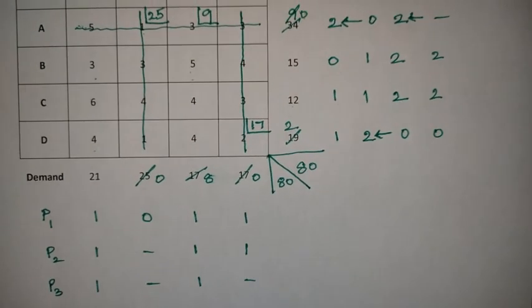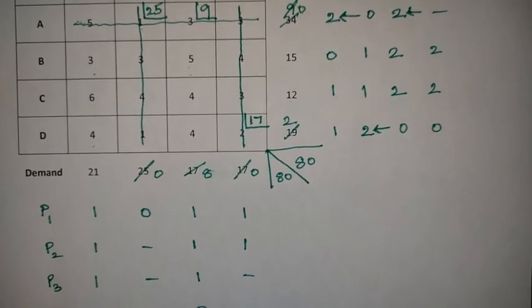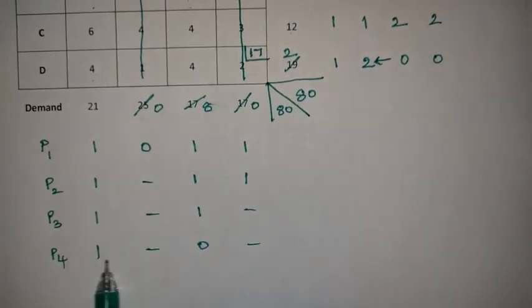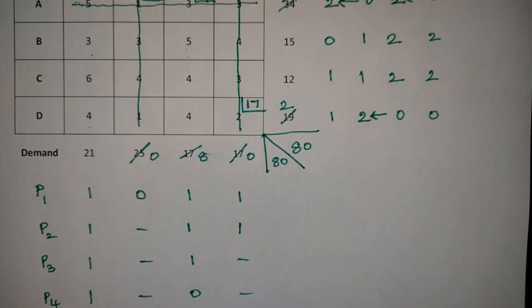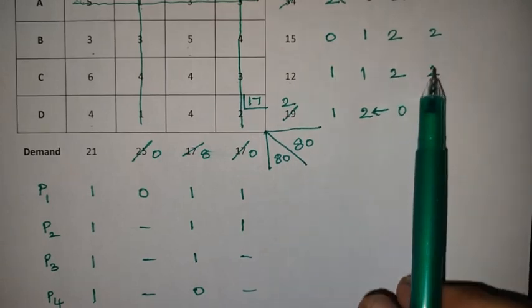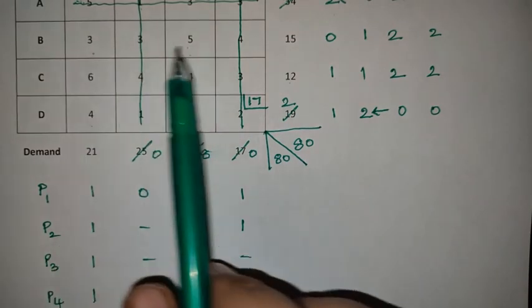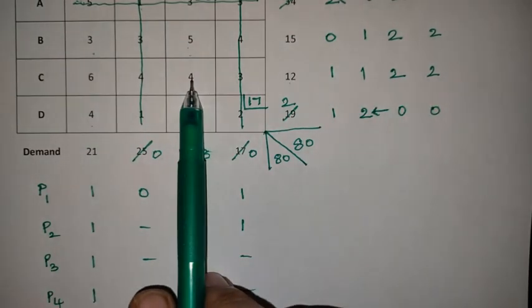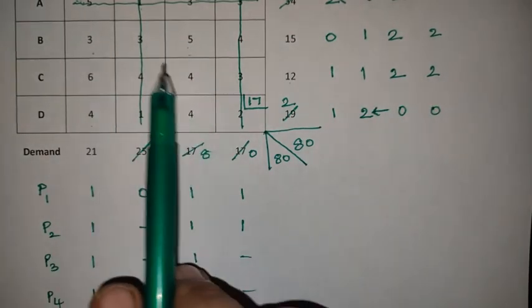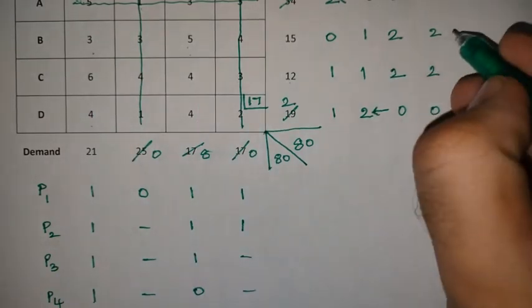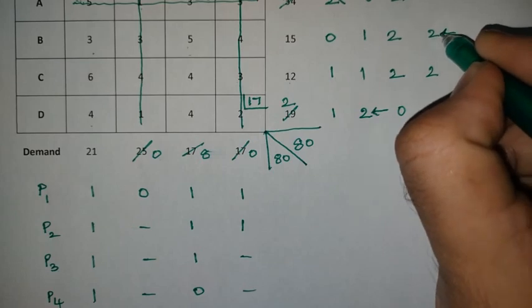So now how many penalties were found out? 1, 2, 3, 4, 5. So what is the maximum penalty? 2. So in these two, what can we take? If you take these two, minimum is 3. If you take these two, the minimum is 4. So in 3 and 4, what is minimum? 3. So that's why we need to select this row for getting the least cost.